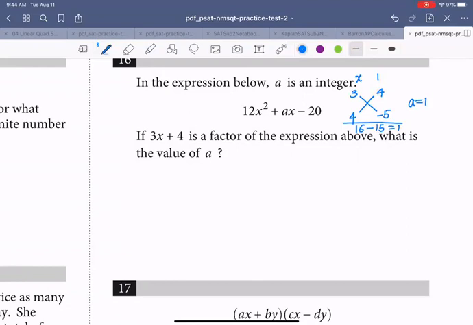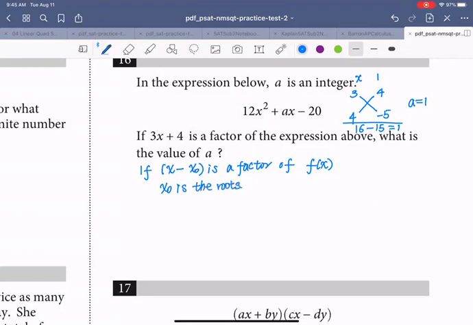And the second way of doing this question: when I taught you polynomial addition, subtraction, multiplication, at that time we said, for example, if x minus x0 is a factor of a given f(x), where f(x) is a polynomial, that means x0 is a root.